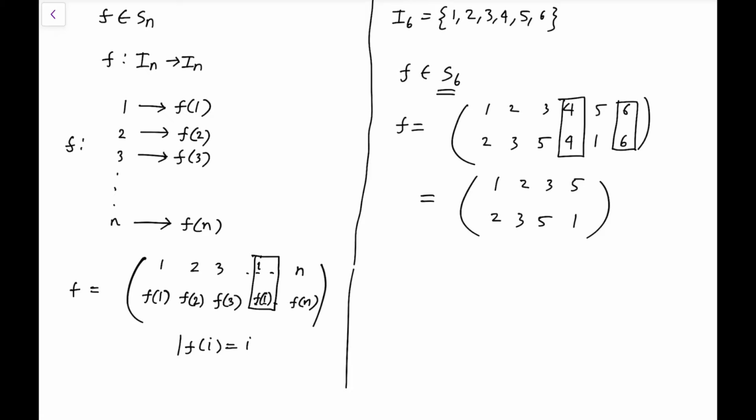Basically what we are doing is that we will drop the column for which fi equals i, and we will also have to mention which group the function is a member of, because from this we cannot tell whether this element is in S5 or S6, or even it may belong to S7. So to correctly identify that element, we have to mention whether it belongs to S1, S2, S3 or S6, whatever.